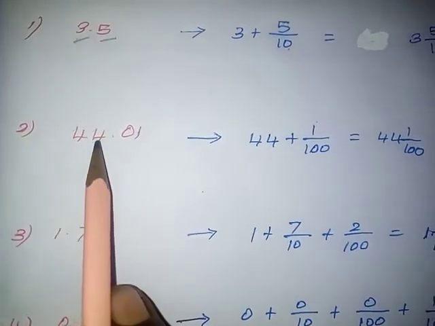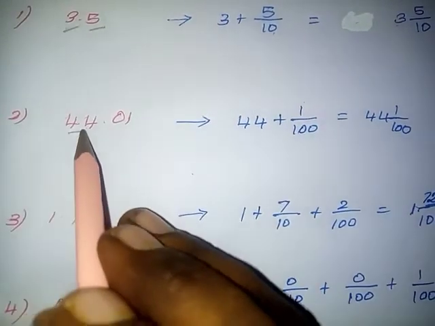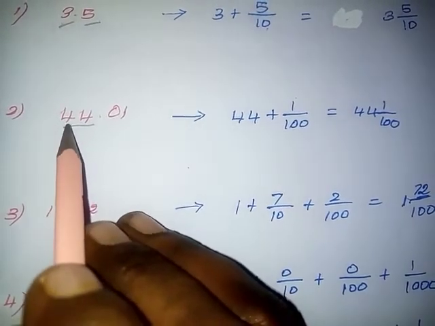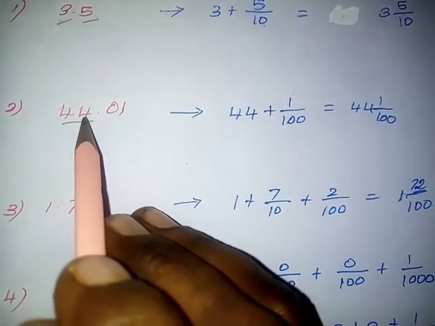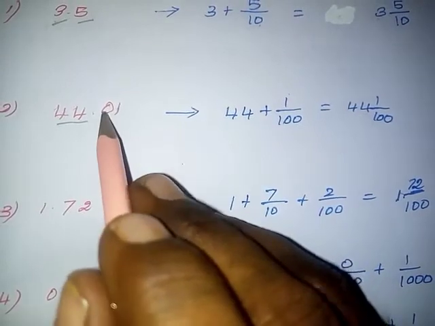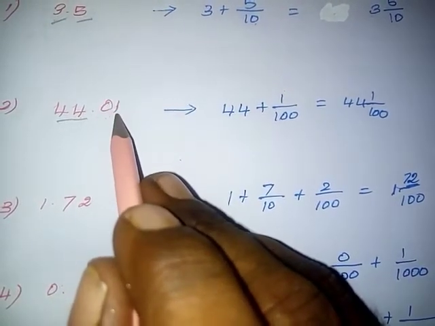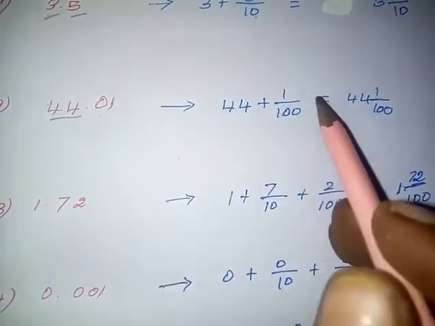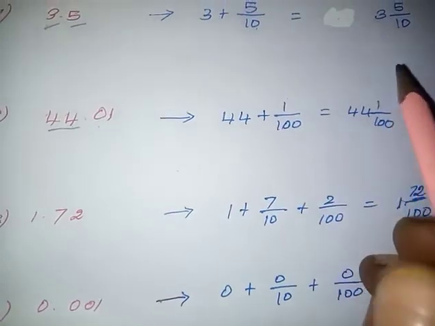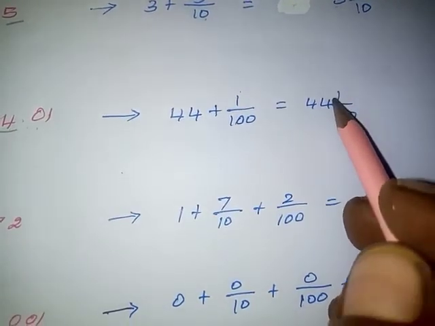Second one, 44.01. Here the integral part is 44. 44 means 4 tens and 4 ones. Then the decimal part: the tenth place is 0, then the hundredth place is 1. So the decimal part can be written as 1/100. So the respective fraction value is 44 1/100.